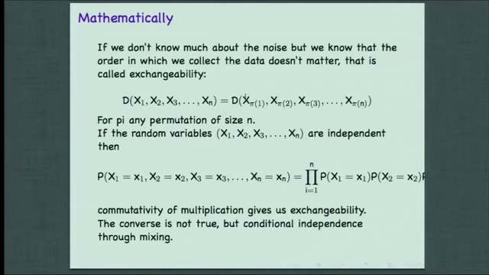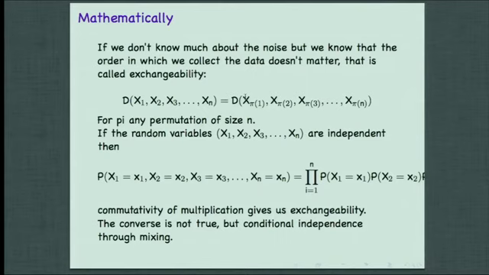So I wanted to say just mathematically why these mixtures come up a lot, and say a few sentences about why we know that mixtures are the right models. Even if your data isn't independent, we very often have what we call exchangeability.